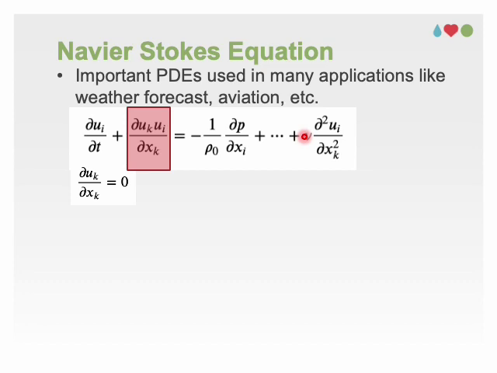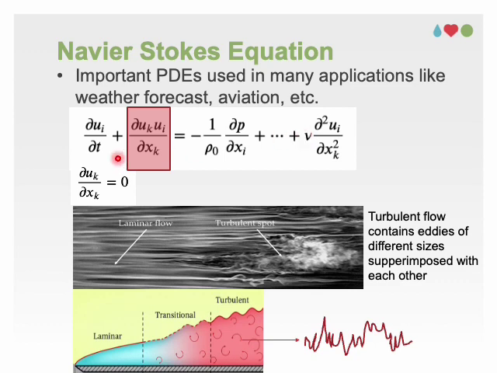If we discard the advection term, the Navier-Stokes equations would only describe laminar and smooth flows as shown in these figures.